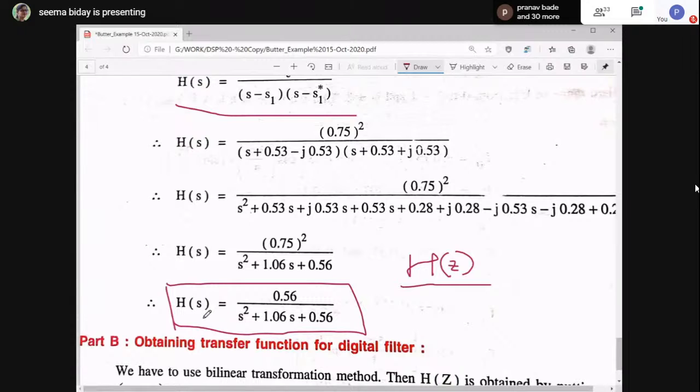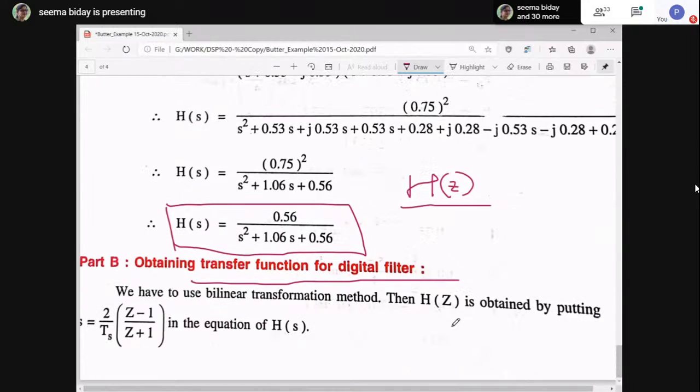Why are we determining H of s? Because unless we determine H of s in the case of an IIR filter, you cannot find H of z. It was possible in FIR filter designing, but it is not possible here. That's why the last step is to obtain the transfer function for the digital filter.